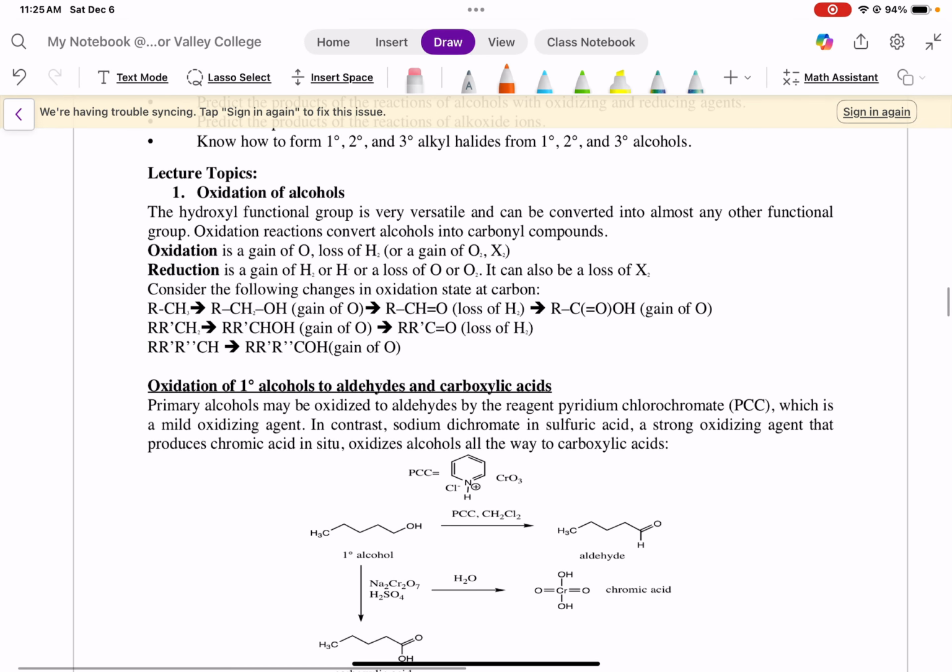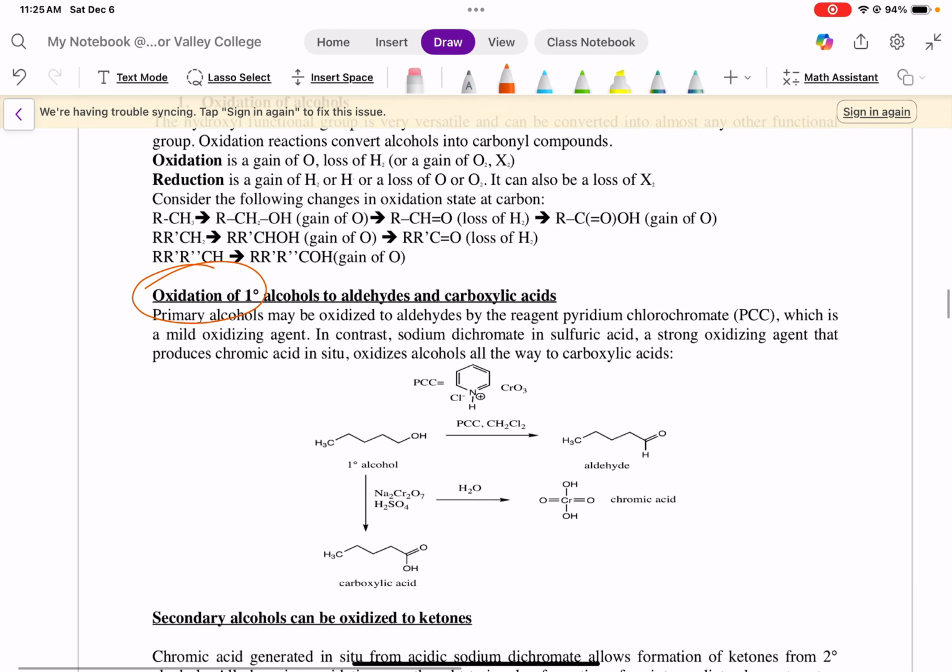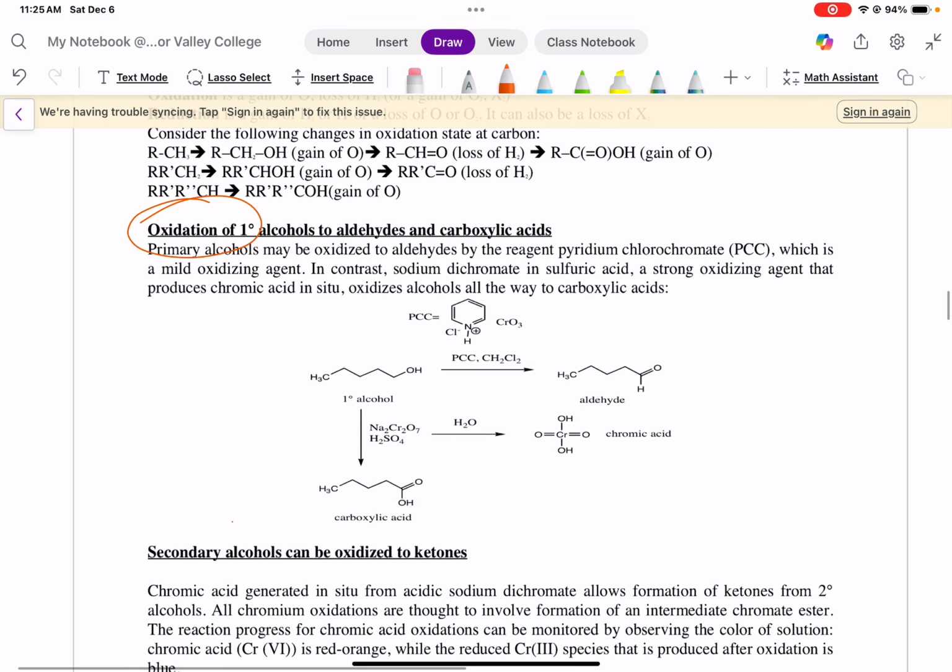Okay, how about reactions? There's quite some reactions. The first one is oxidations, and we got two different kinds of alcohol, primary and secondary. Now, primary, there is a difference. If we use a mild oxidizing agent, PCC, there's two mild oxidizing agents.